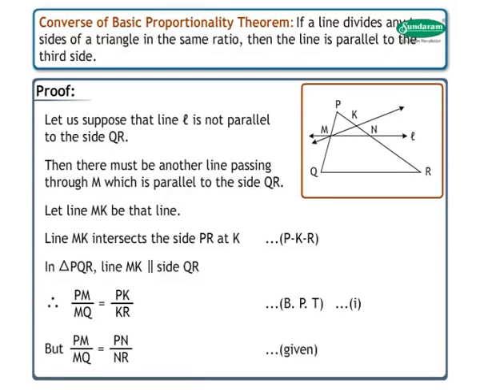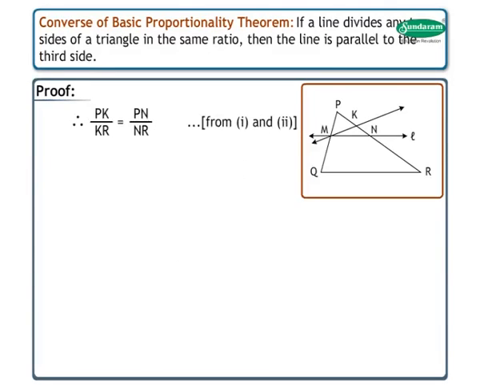But it is given that PM upon MQ is equal to PN upon NR. Let us mark this statement as 2. If the left-hand sides of two equations are same, then their right-hand side should also be same. Therefore, from 1 and 2, we get PK upon KR is equal to PN upon NR.